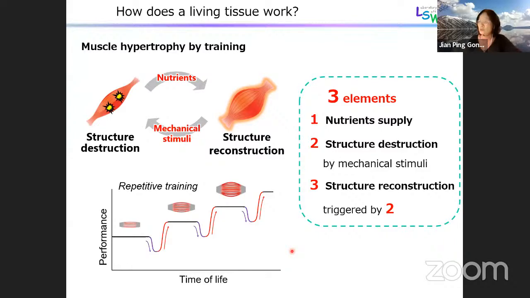And element 3 is also strongly connected to element 1. Without nutrient supply, we cannot have the new structure construction. So these 3 are the essential processes to build some muscle-like or living tissue-like materials.